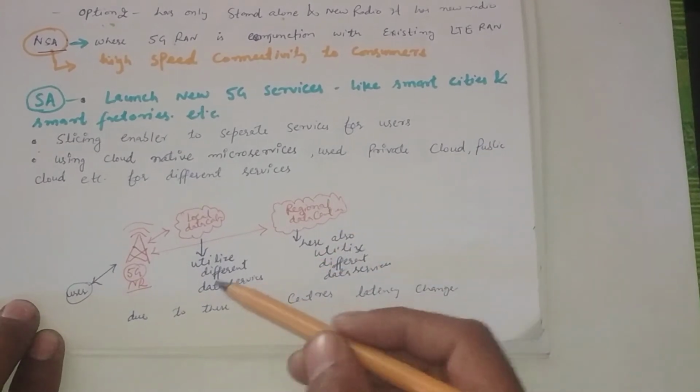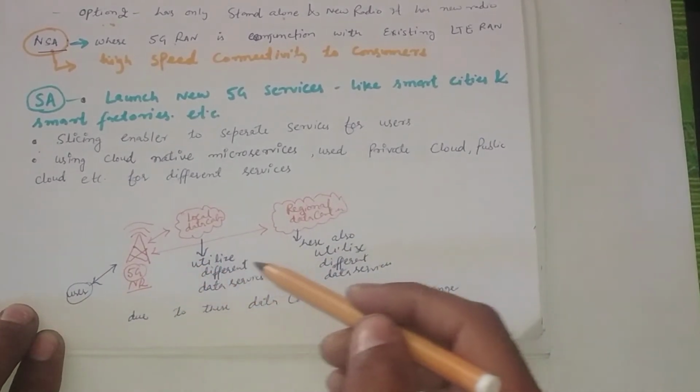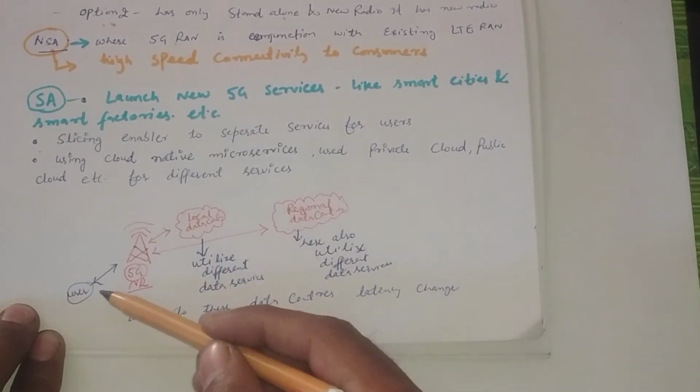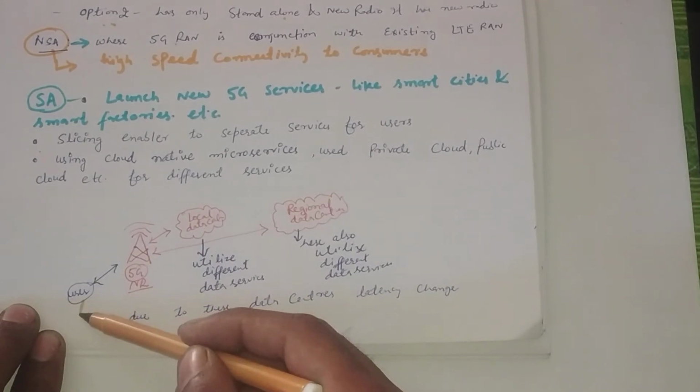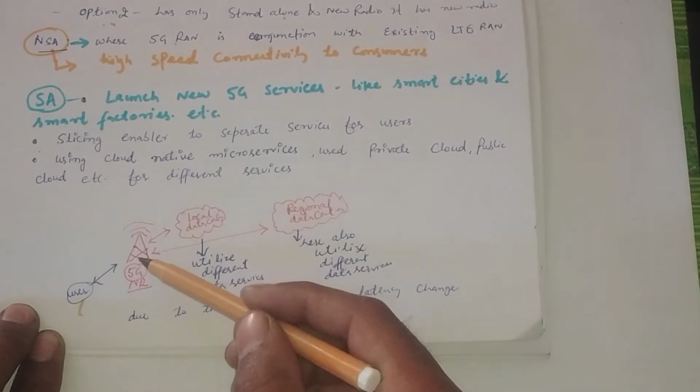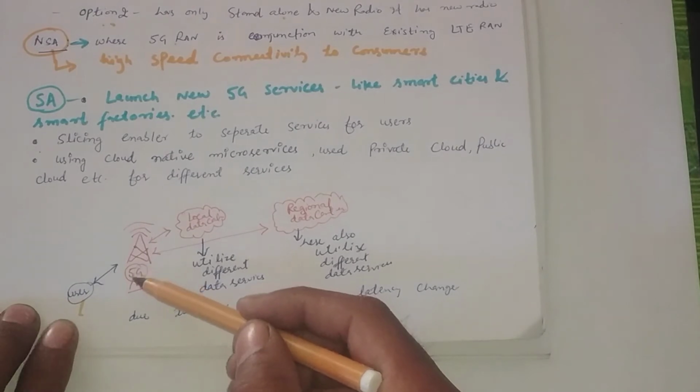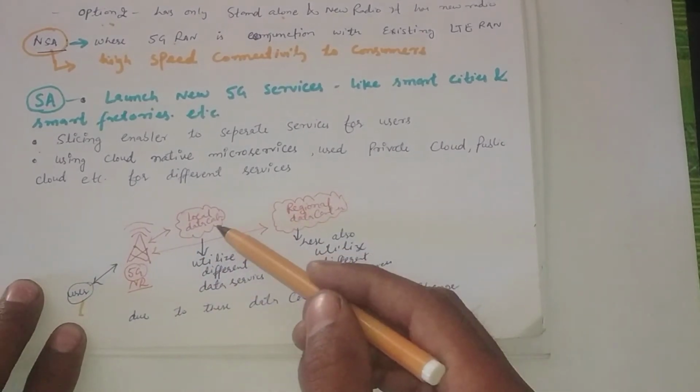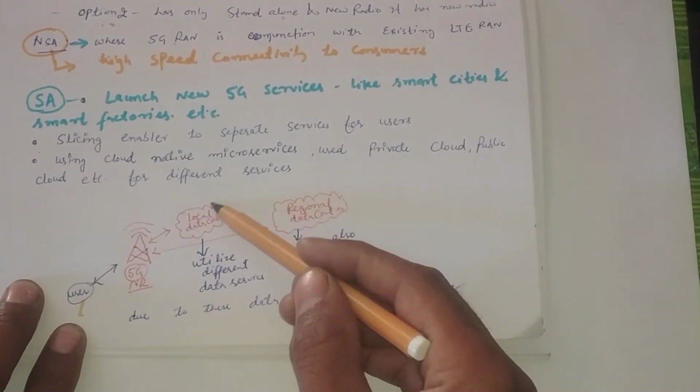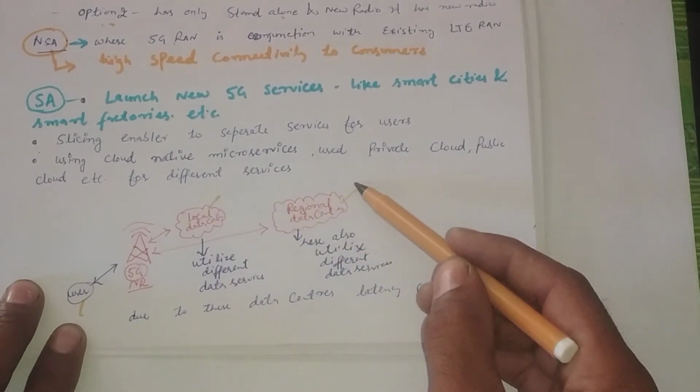And next one is in the figure below. Here this is the user, and this is the new radio base station, the 5G base station. And there are two data centers. First is the local data center, and the other one is a regional data center.